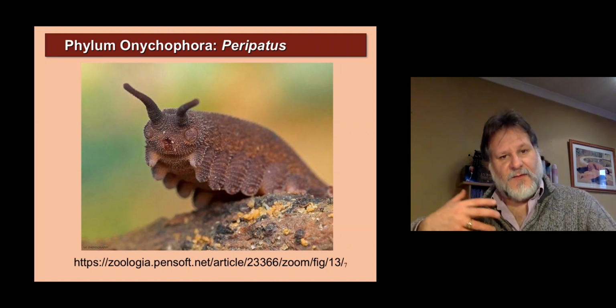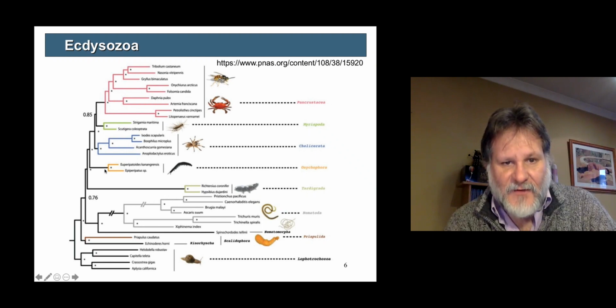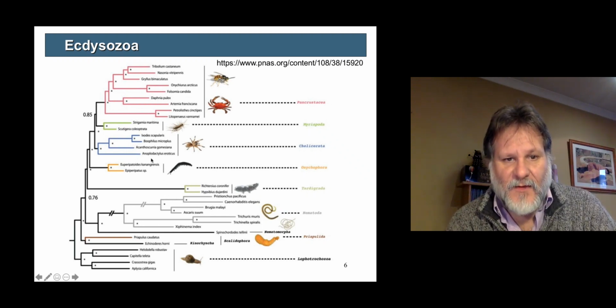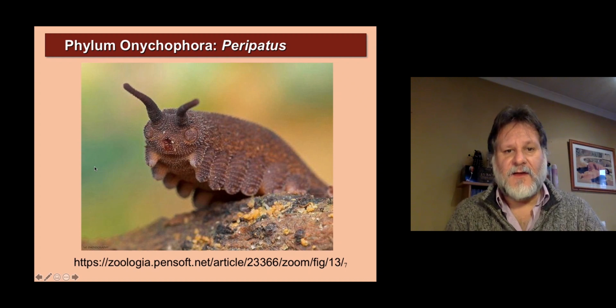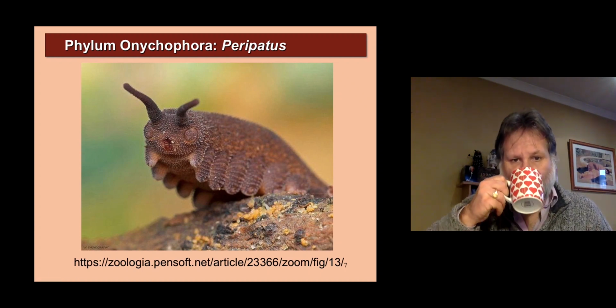So let's consider some of these groups down towards the base of the tree then, and let's look first at the onychophora, the velvet worms. And as I say, these look very much like giant caterpillars as adults.